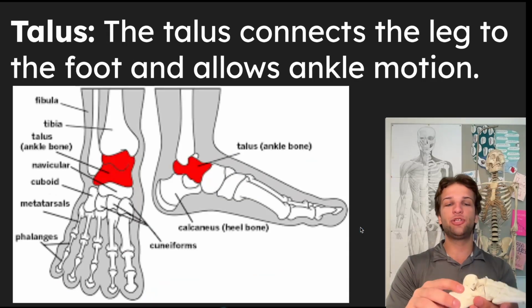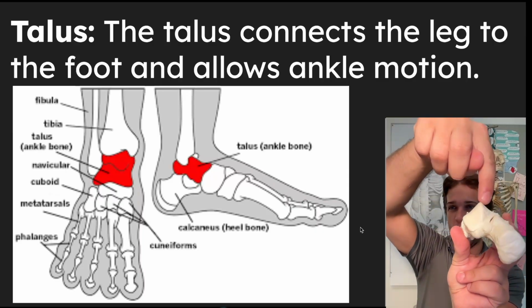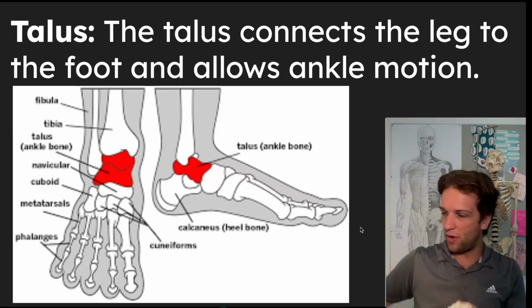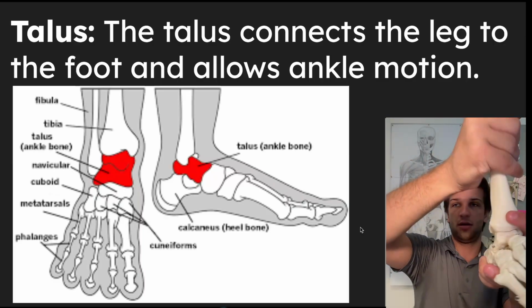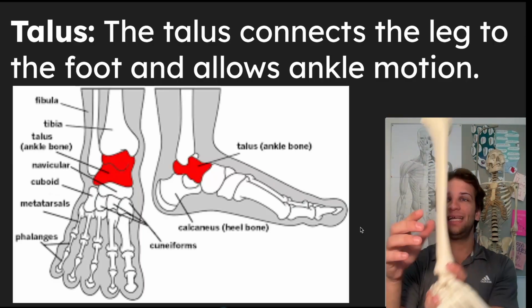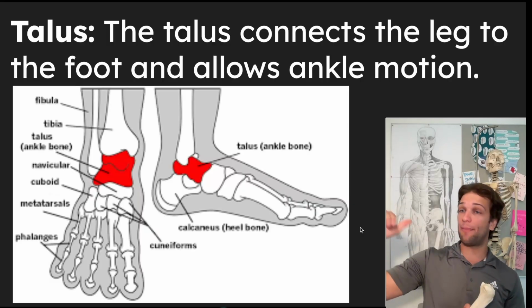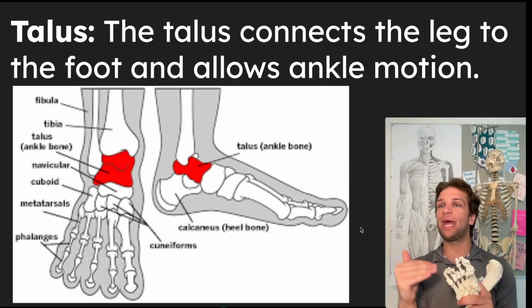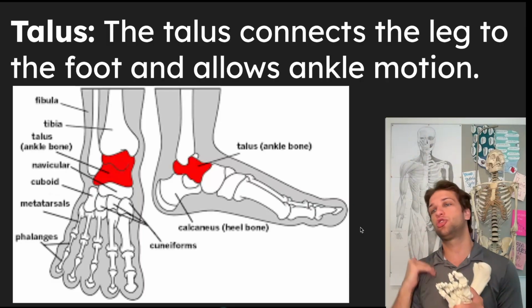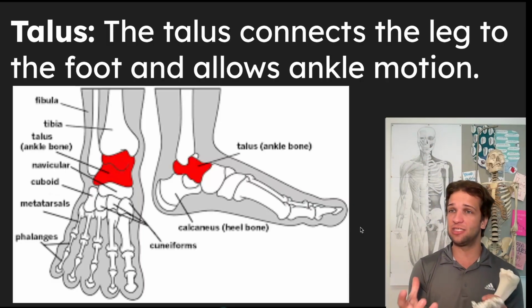One of the major bones that we care about here is this top bone of the foot, the one that actually slotted into the tibia. That is our talus. So think top of the tarsals is our talus. It's what actually connects the leg to the foot to facilitate this movement at the ankle.